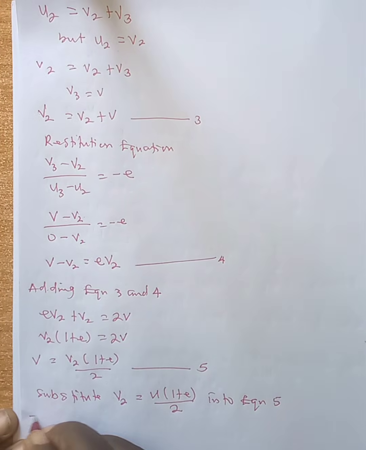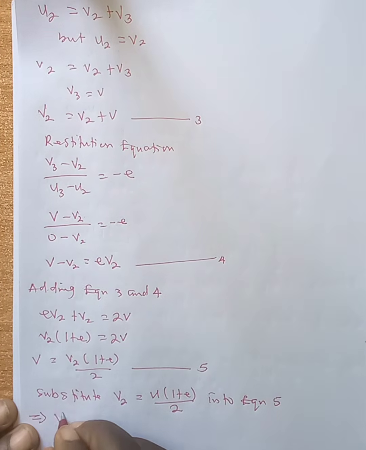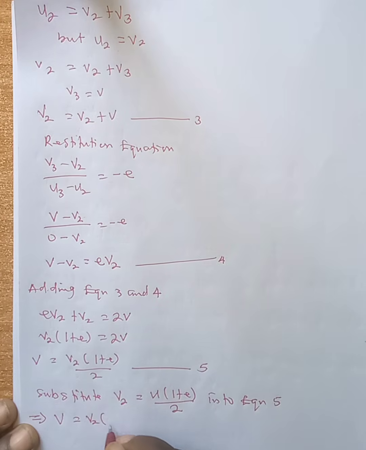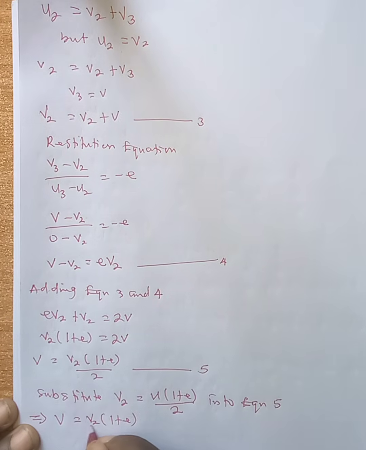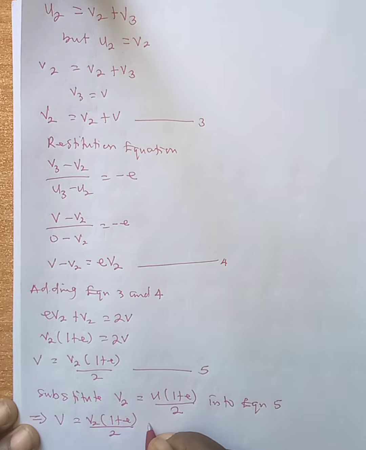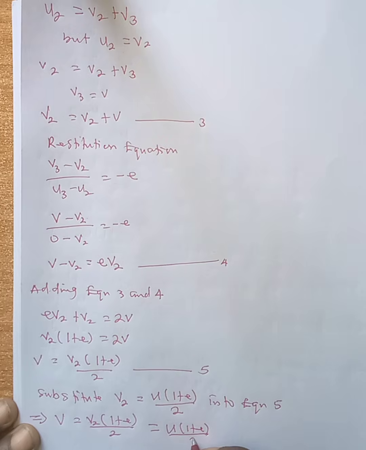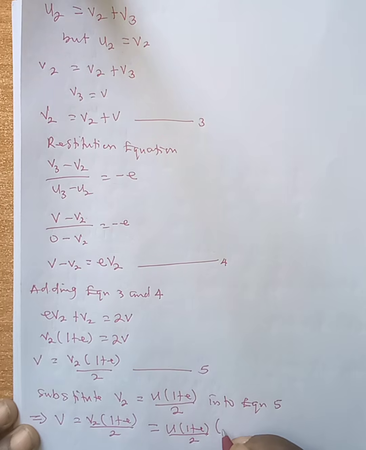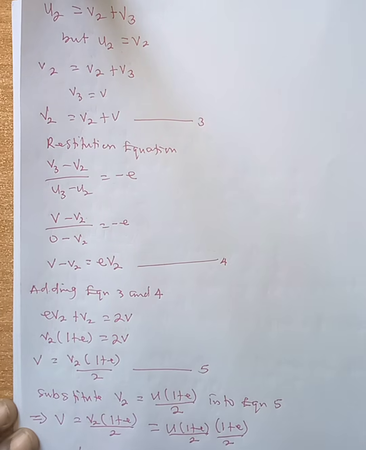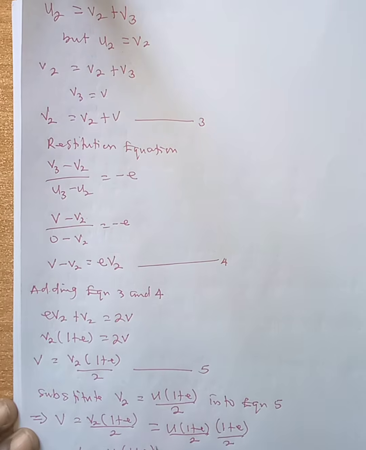So this implies that v, which is equal to v2 into 1 plus e over 2, becomes u into 1 plus e over 2, multiplied by 1 plus e over 2. Therefore, our v is equal to u into 1 plus e squared over 4.